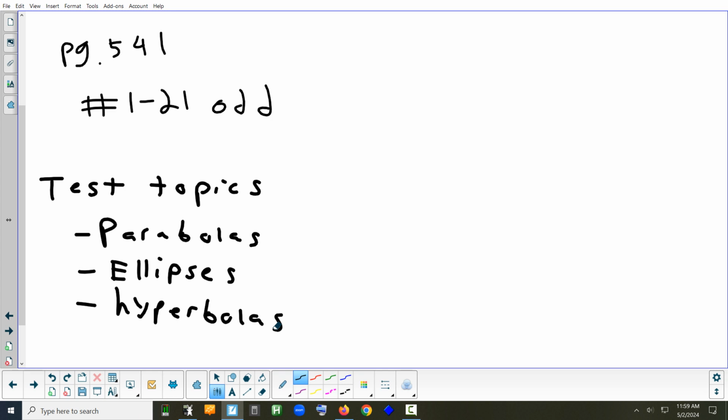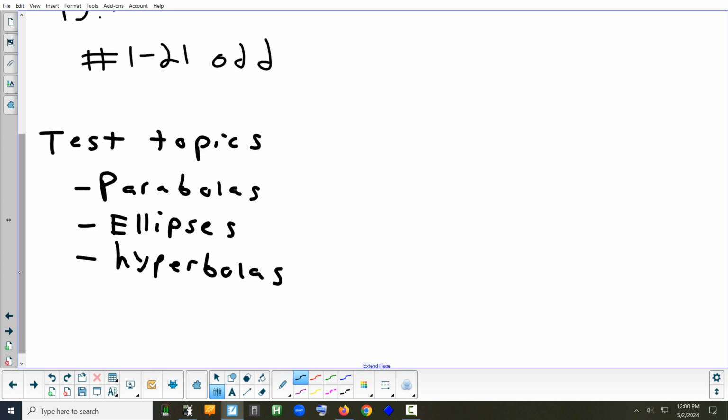I give you an equation, you tell me about it, or you give me an equation, or you make a sketch. And then the last is going to be solving systems.